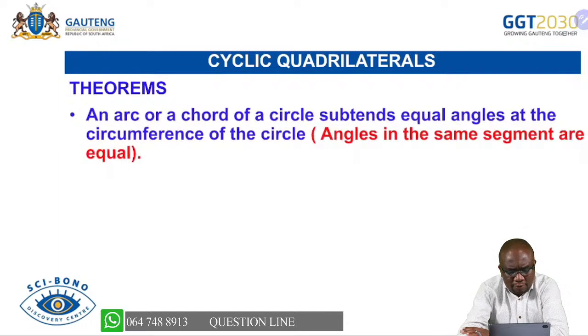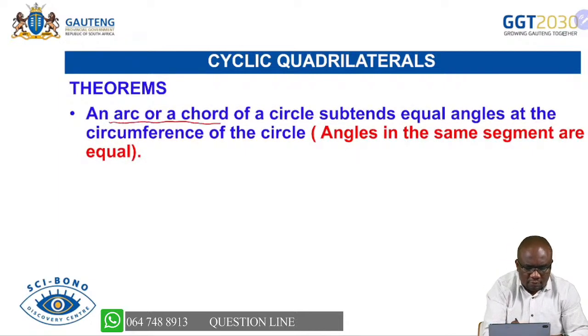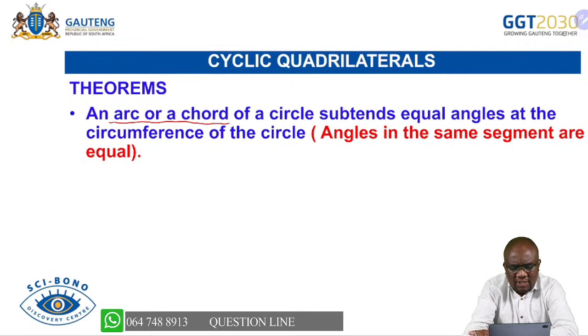An arc or a chord of a circle subtends equal angles at the circumference of the circle. Okay, please don't forget that.